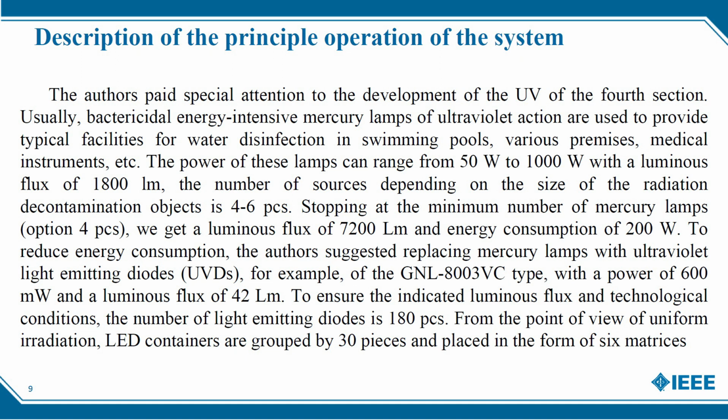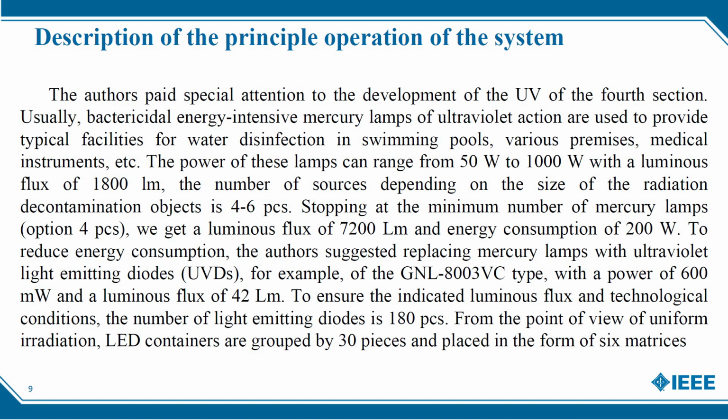To reduce energy consumption, the authors suggest replacing mercury lamps with ultraviolet light emitting diodes, for example of the GNL-8003VC type with a power of 600 milliwatts and a luminous flux of 42 lumen.